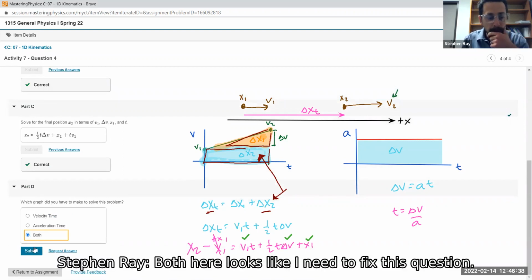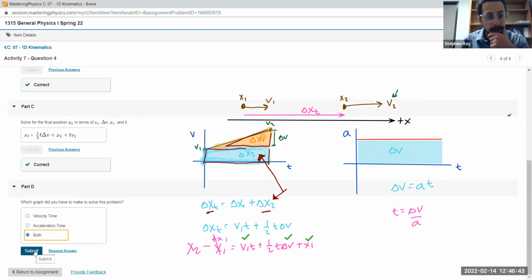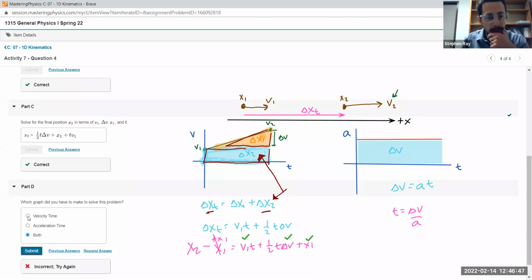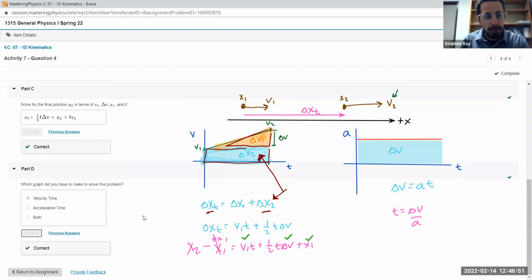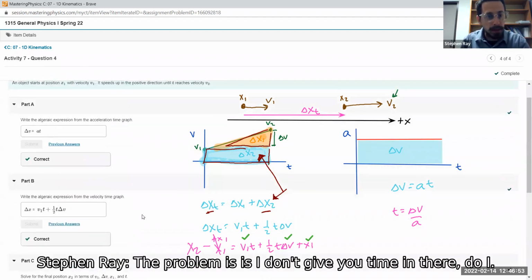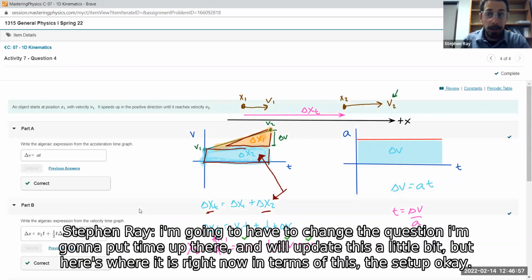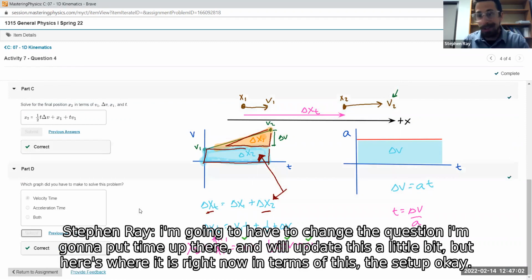I'm just going to put both here. It looks like I need to fix this question. Velocity time. The problem is I don't give you time in there, do I? I'm going to have to change the question. I'm going to put time up there. I'm going to update this a little bit, but here's where it is right now in terms of this setup.